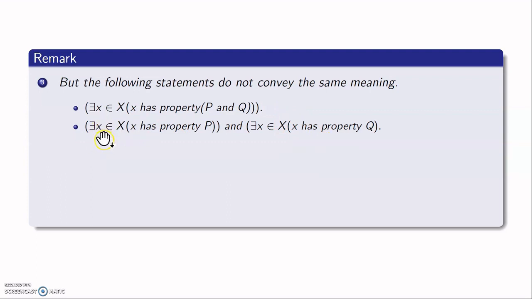Now the point x which I am talking about in the first part could be a different point, and here this could be a different point. Okay, so I'm finding one point which has property P, and this x here could be different, which has property Q. Whereas in the first one it says there is a point x which has both the properties, which might not be the same.